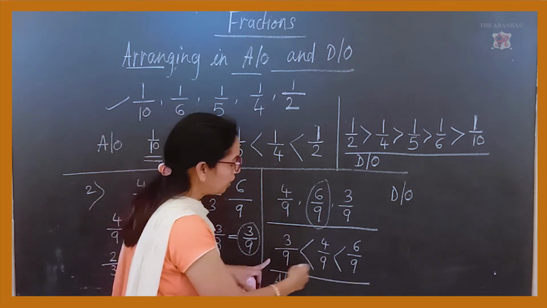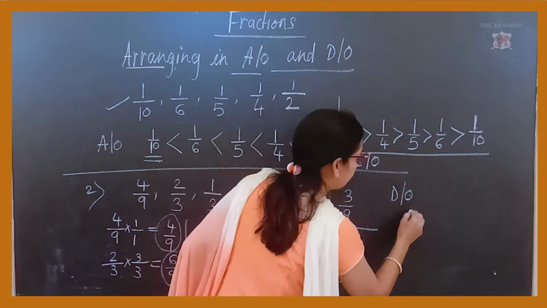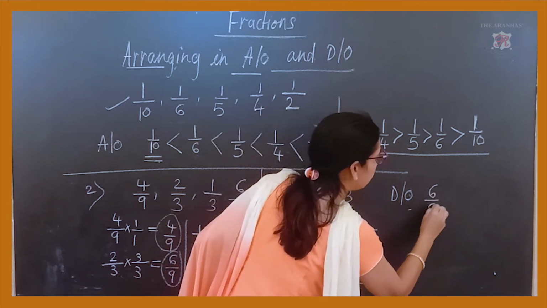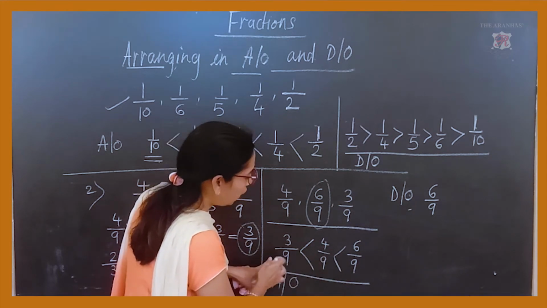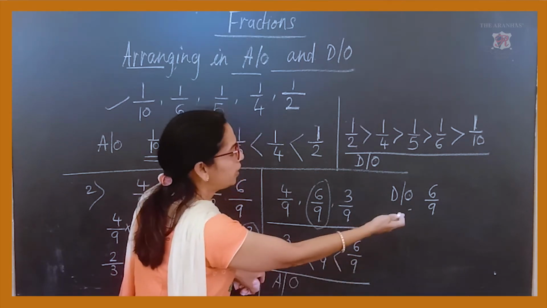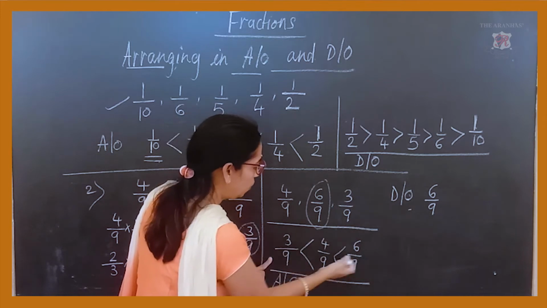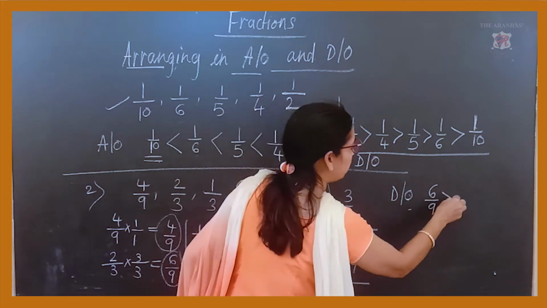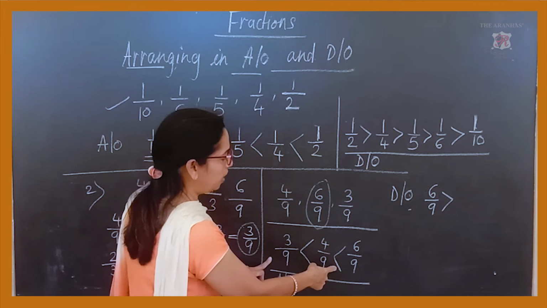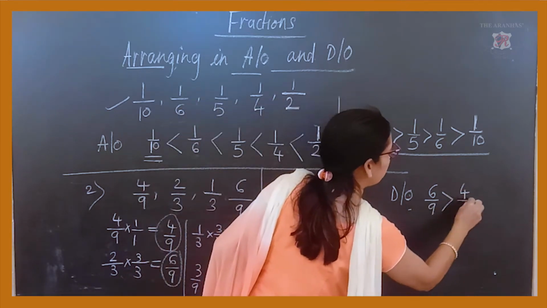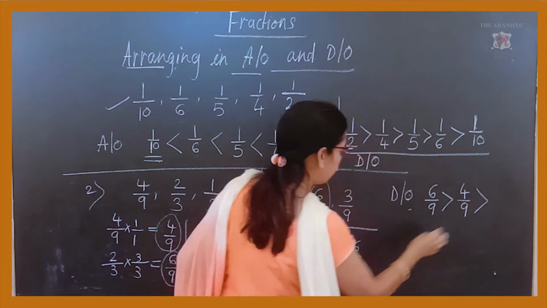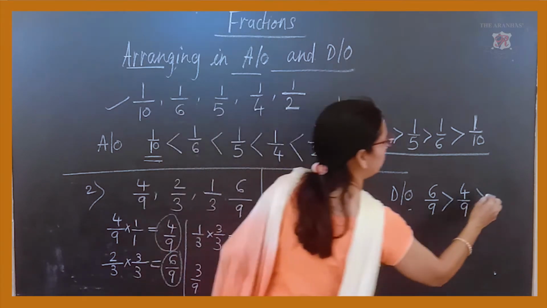So here the reverse will be: 6 upon 9, which is bigger than 4 upon 9, which is bigger than 3 upon 9.